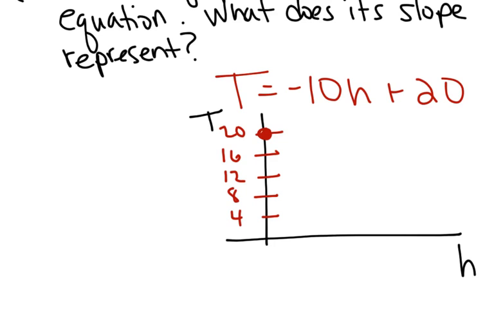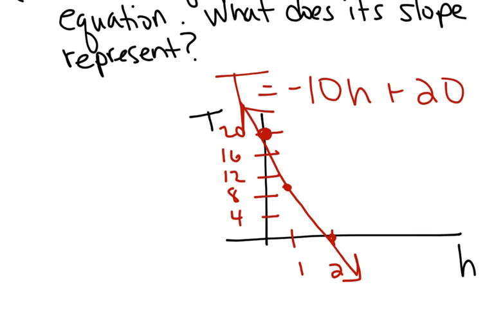I could have done it in 2s. I could have done it in 5s, but I had already drawn those tick marks, so instead I went in 4s. Okay, then I decided that at 1, the temperature was 10. As a matter of fact, if I try 2, I'm going to find out the temperature is 0. So here's my line.